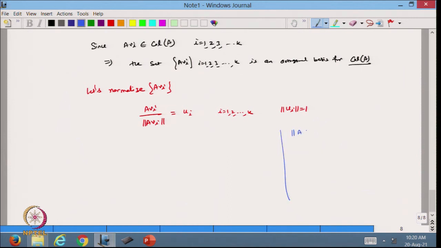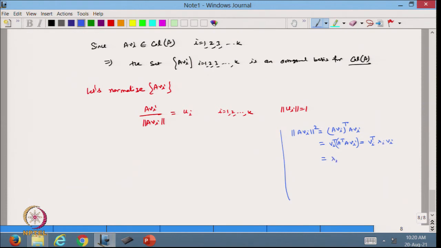So, norm of A Vi squared I can write as (A Vi) transpose times A Vi. This I can write as Vi transpose A transpose A Vi, and this is equal to Vi transpose lambda i Vi, because A transpose A Vi is the eigenvector corresponding to eigenvalue lambda i.